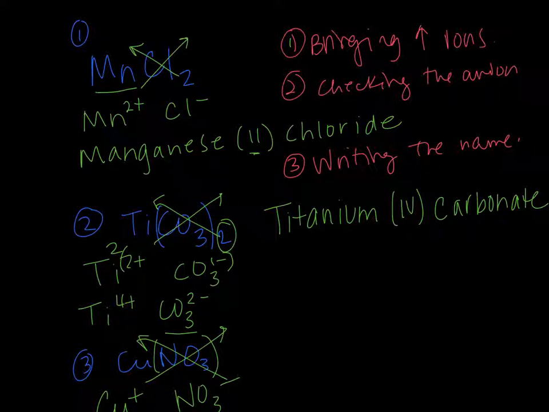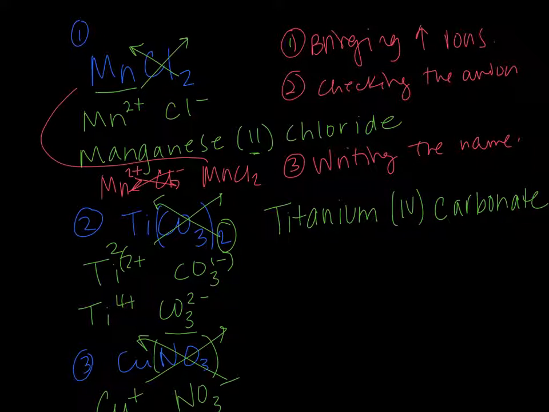And so if I did that for manganese 2, I know manganese 2 is Mn2 plus. And chloride is Cl1 minus. And so if I wanted to write the formula, I'm just going to crisscross the charges down. And so I get MnCl2. And this is exactly what is up here. And so I know my name is right because I get the right formula from my name.